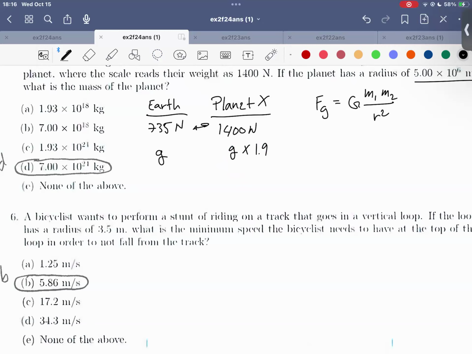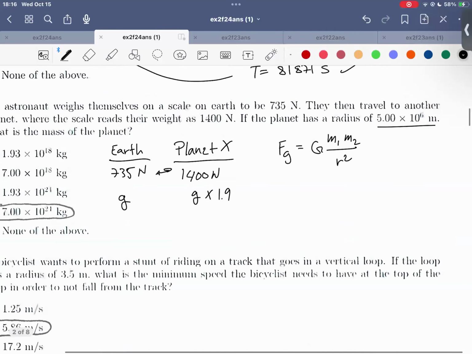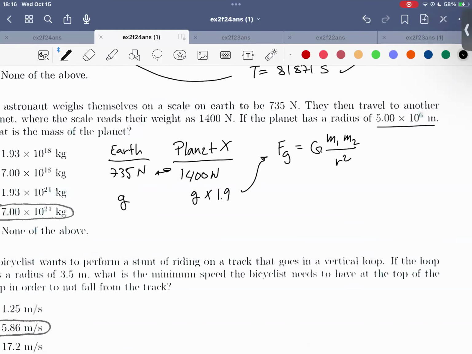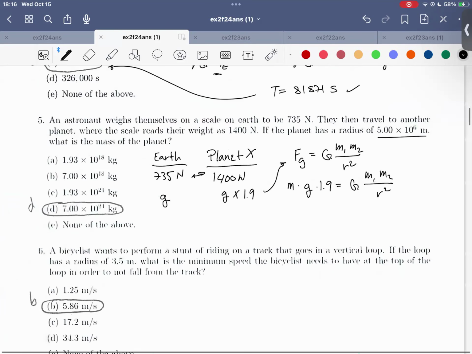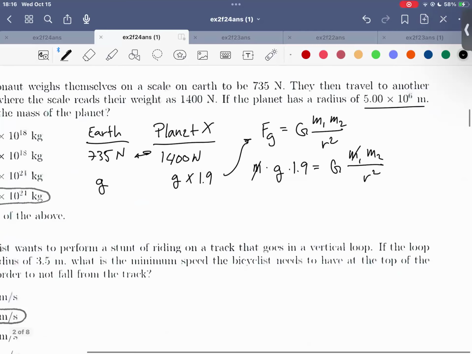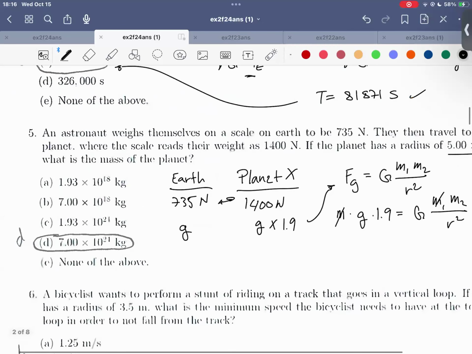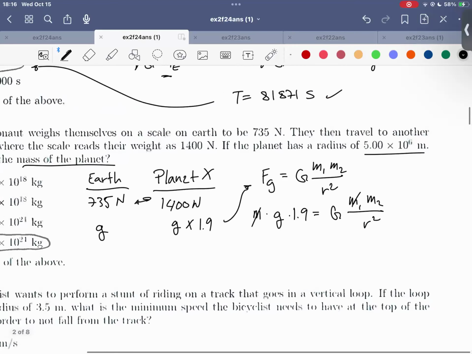So that's that one. And then you'll plug it into here again, and we'll say this mass times gravity times 1.9 is equal to G m1 m2 over r squared. So one of these cancels out, and we're left with basically just solving for the remaining mass.